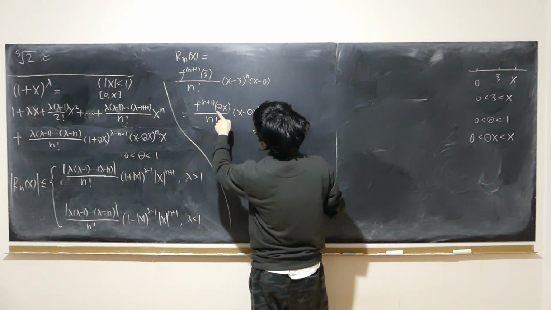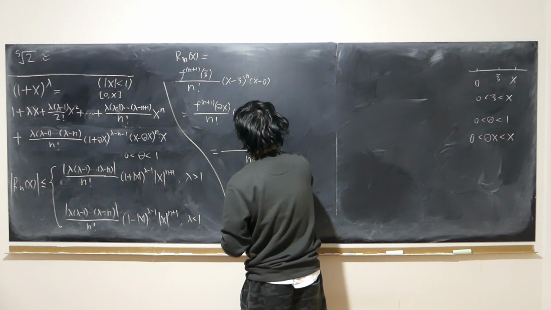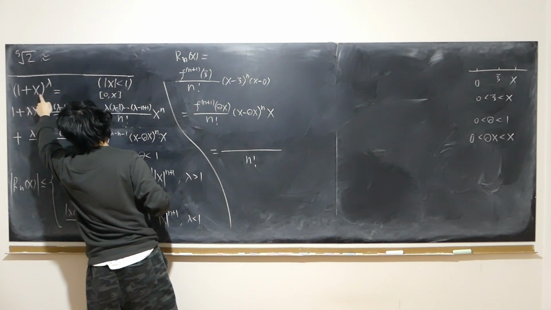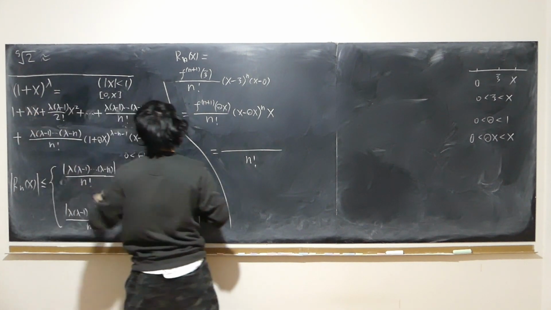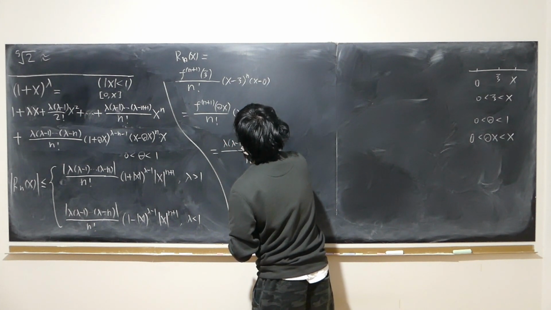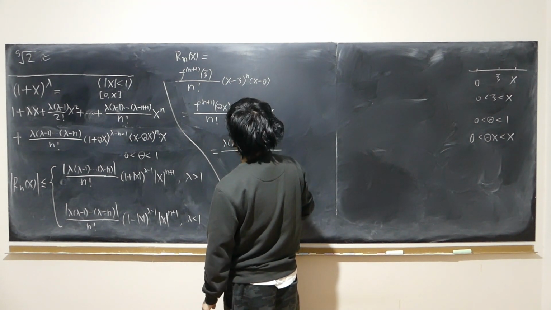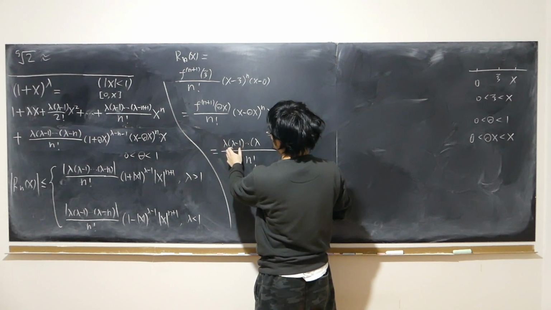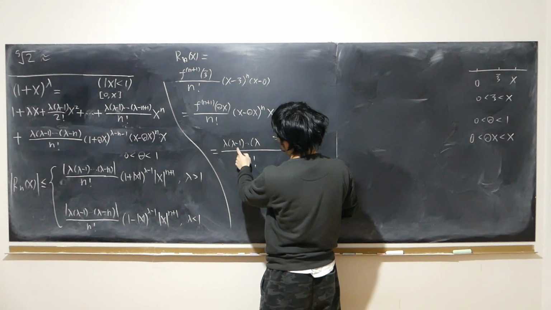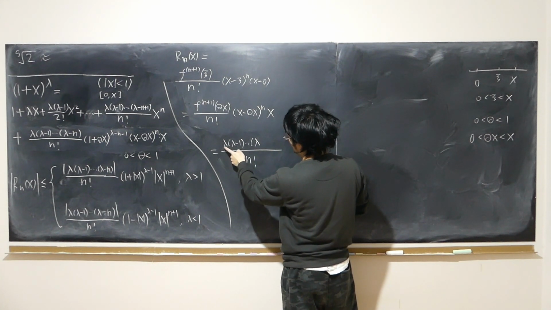So what's the n plus 1th order derivative? The first order derivative is lambda times 1 plus x to the power of lambda minus 1. Then we continue to take down the power continuously: lambda times lambda minus 1, all the way down. The second order derivative has two terms, so if we take the n plus 1th order derivative, we should expect n plus 1 different terms: 1, 2, 3.